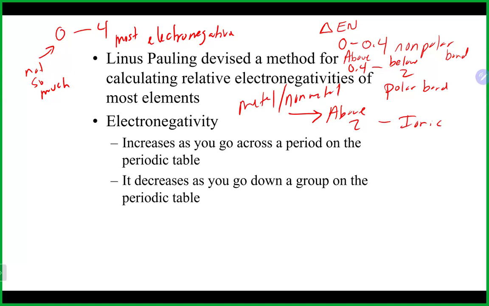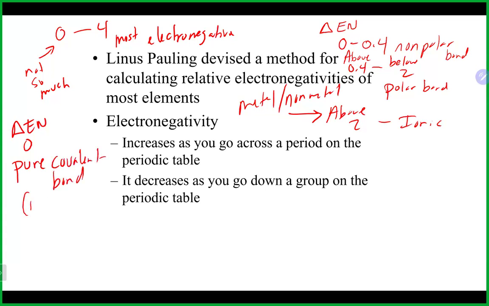Now, if you happen to have a difference in electronegativity of perfect 0, that is like perfect equal sharing of electrons. That is sometimes also referred to in books as a pure covalent bond.